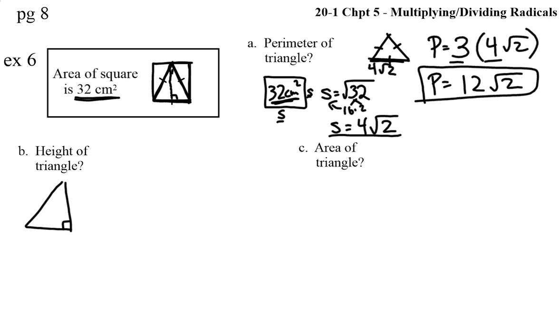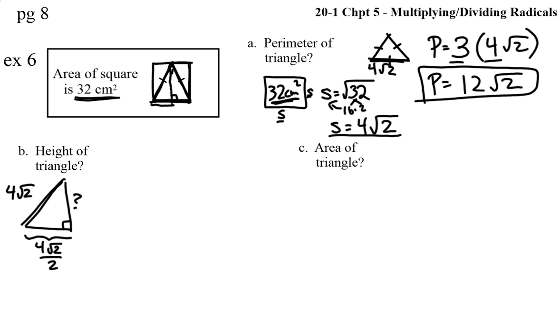We know that this length of the triangle is 4 root 2 because that's the length of the sides. And we want to get the height of the triangle. Well, we do know that this length is half of the whole thing. So this is like saying we have 4 root 2 divided by 2.